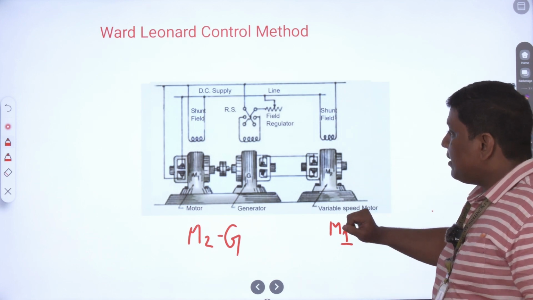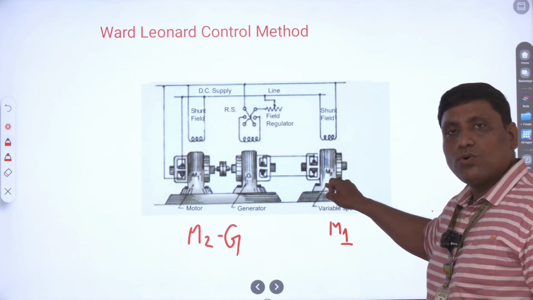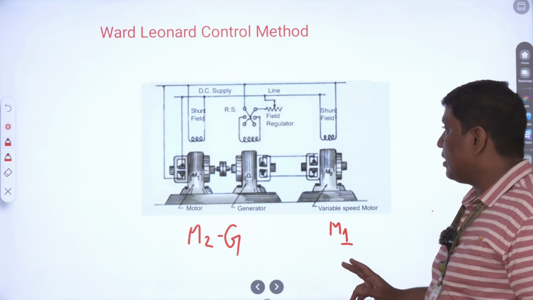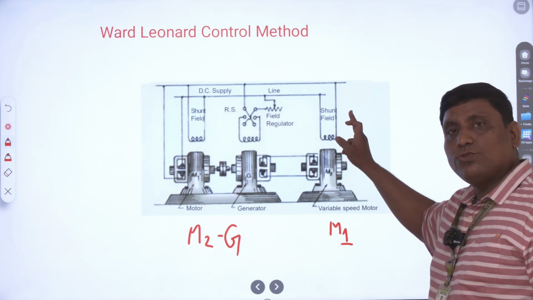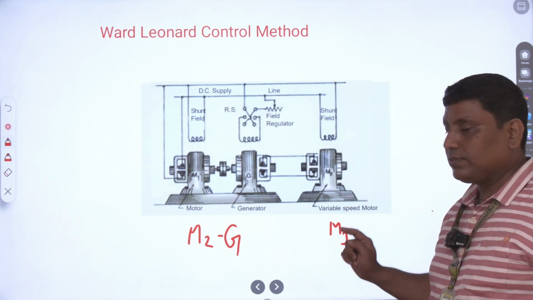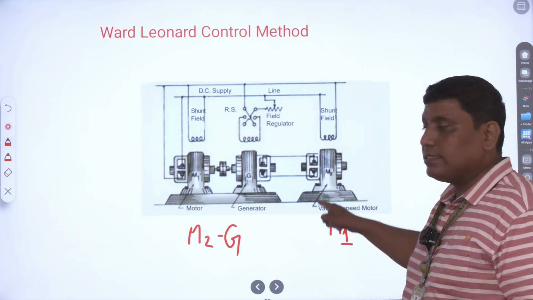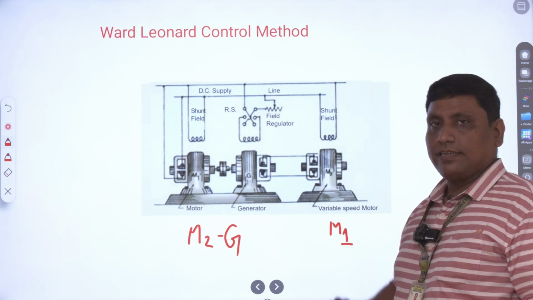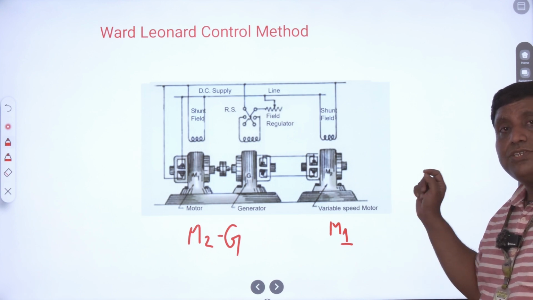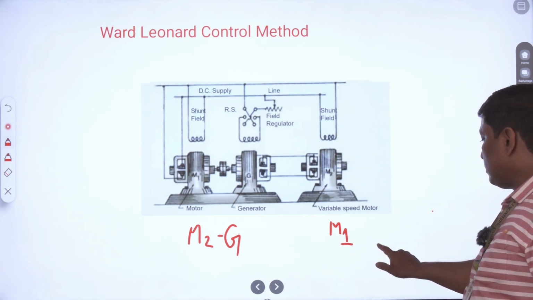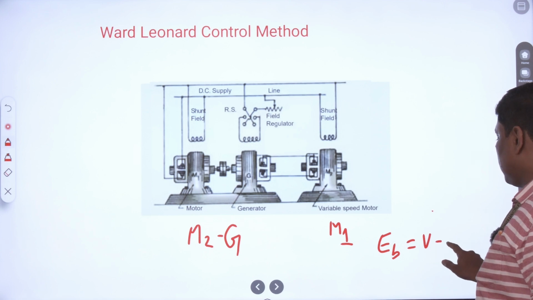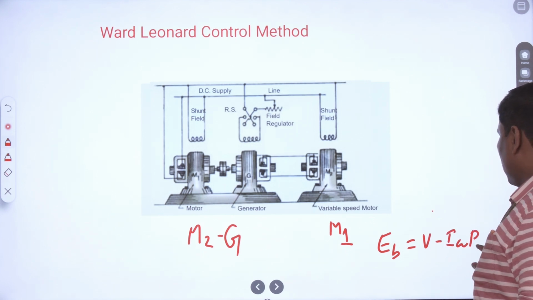In this case, the field winding of the M1 motor is connected to a fixed excitation voltage. We can vary only the armature voltage, which is controlled by the M2 generator set. So this is called the armature voltage control method. We know very well that Eb equals V minus Ia Ra.